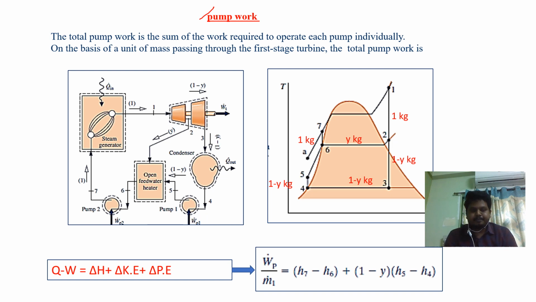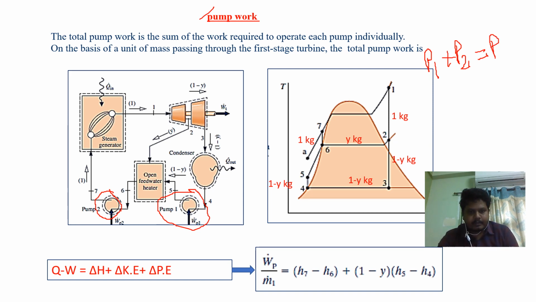Now let us see pump work. As you can see in the schematic diagram, here we have two pumps: pump 1 between states 4 and 5, and pump 2 between states 6 and 7. Now the total work input to the pump equals work input to pump 1 plus work input to the second pump.